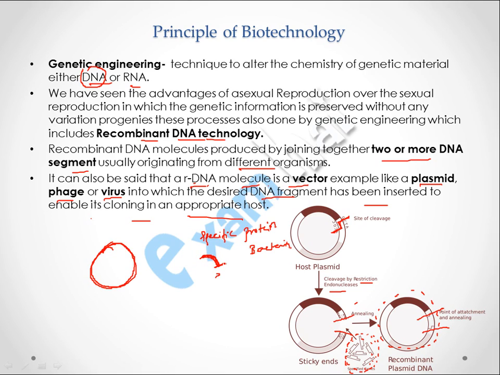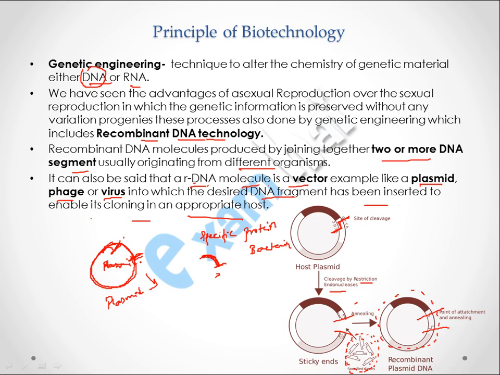So this is the specific protein gene, and this is the plasmid we have as a vector. Now we will cut a specific site from it, by some restriction endonucleases.